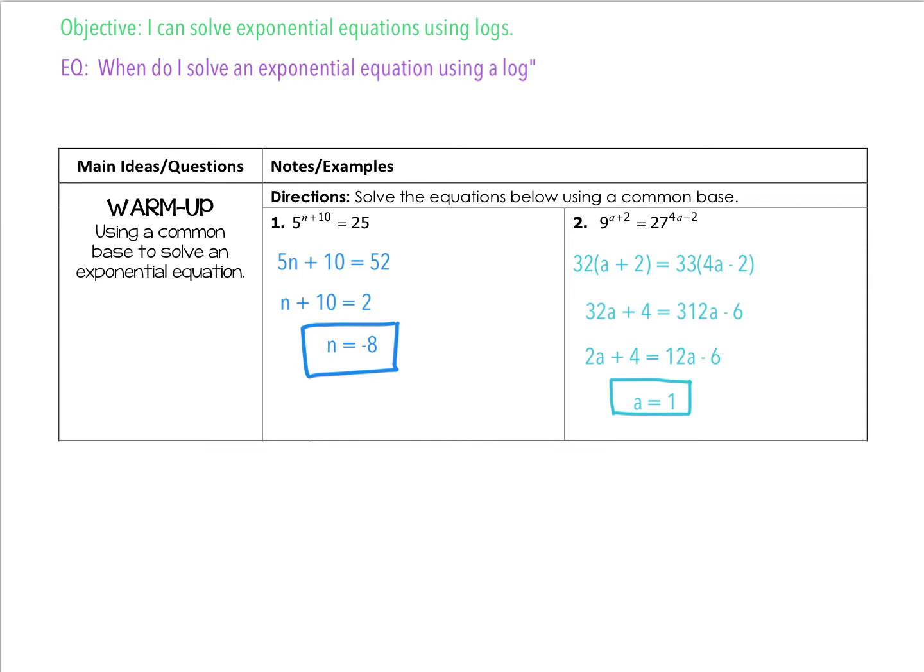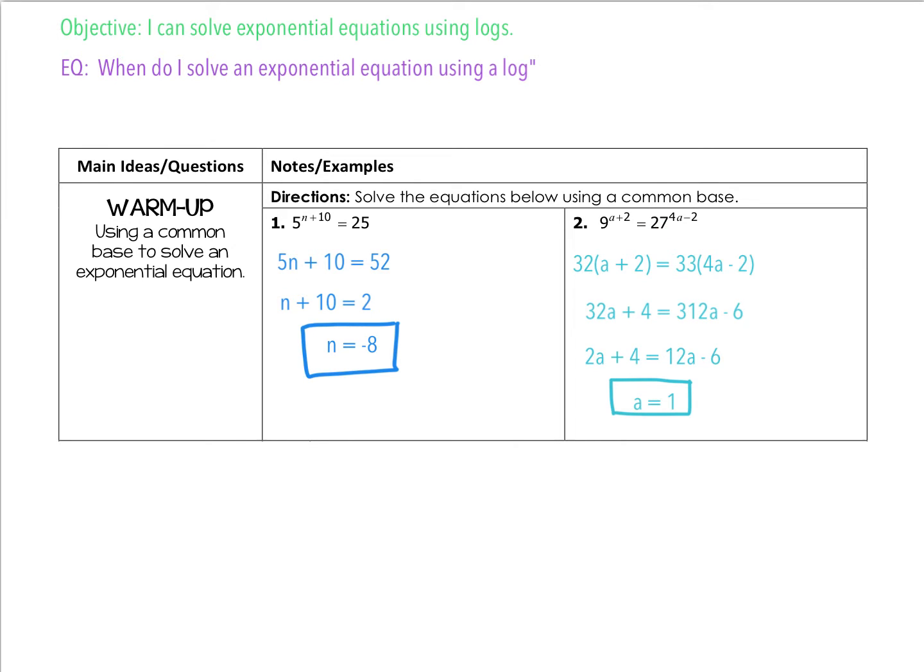When I look at 9 and 27, I see that I don't have a common base. So I need to make 9 and 27 have the same base. Well, the base wouldn't be 9 because I can't make 27 be a base of 9. So I'm going to go even smaller and recognize that they both are a base of 3. So 9 would be 3 squared, and 27 is 3 to the third.